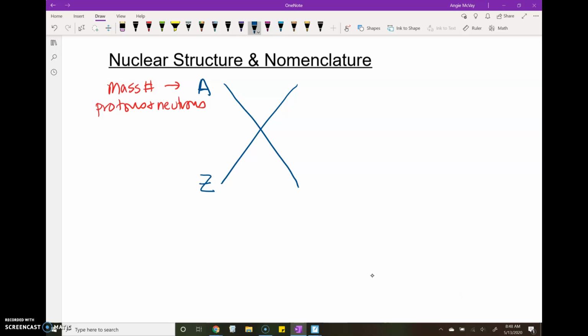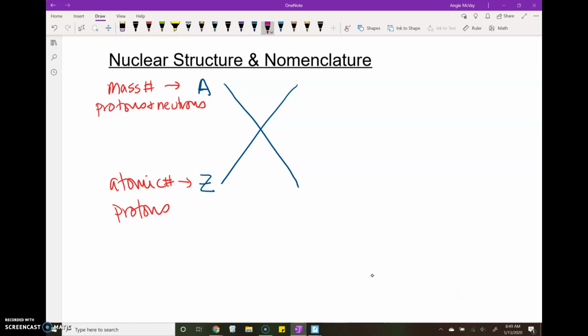It's typically abbreviated with a capital Z, and this is called the atomic number, and that's just the number of protons, because they're not always equal.